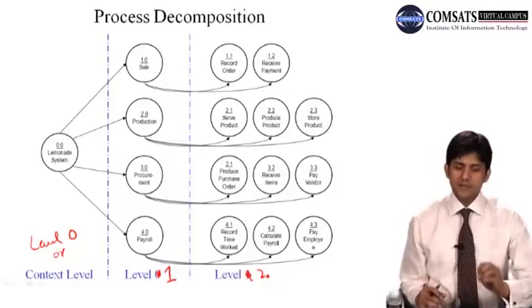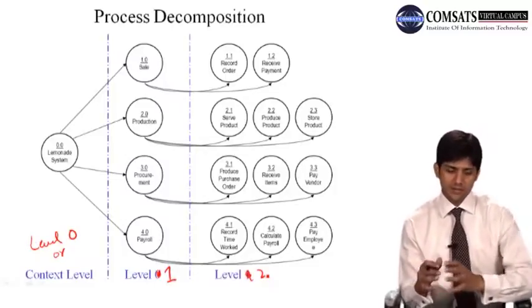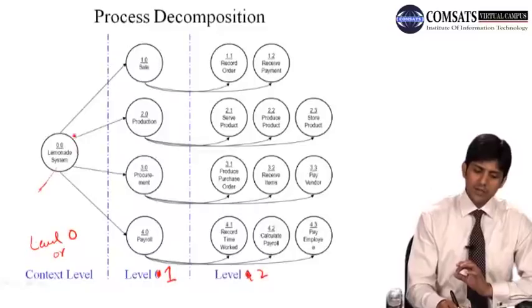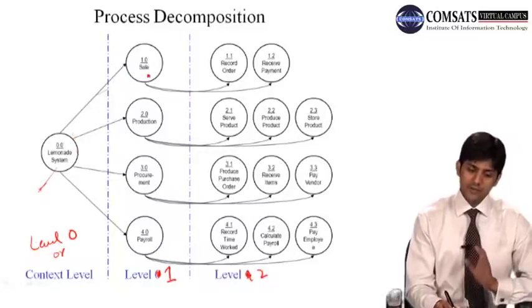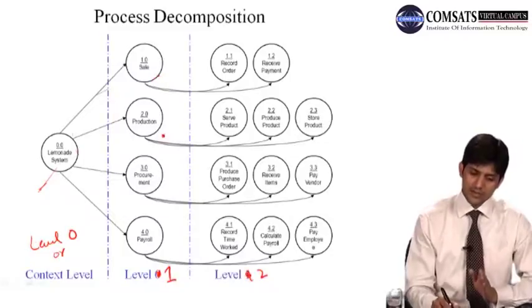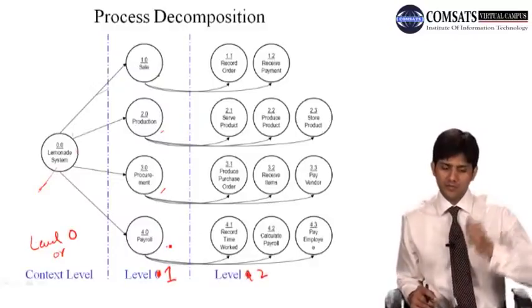Now this diagram just shows how the decomposition has taken place in this particular case. So at level 0 we had this laminate system. Then at level 1 we decomposed it into the following sub processes. We created a sale sub process, a production sub process, a procurement sub process, and a payroll sub process. So at level 1 we had these 4 sub processes.